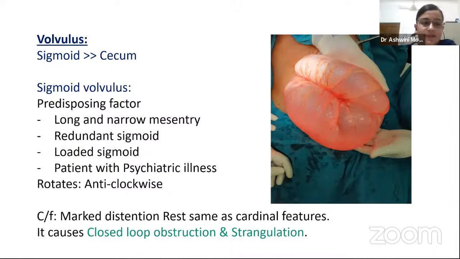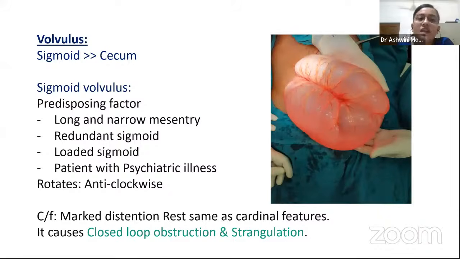What are the clinical features? Marked distension will be there, not as you will see in normal obstruction, it will be comparatively so.